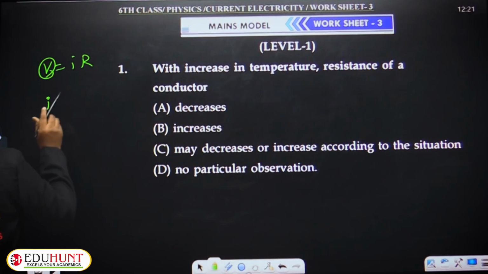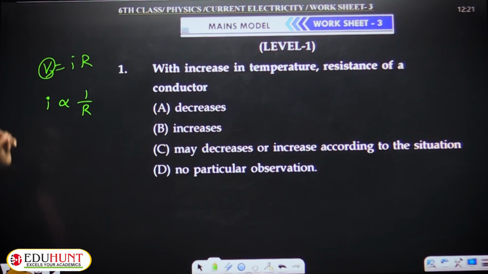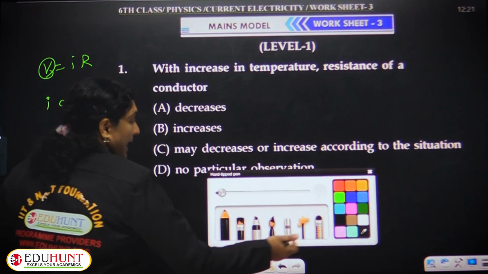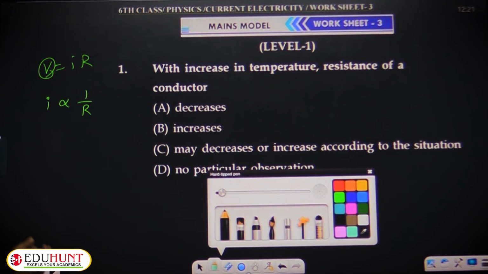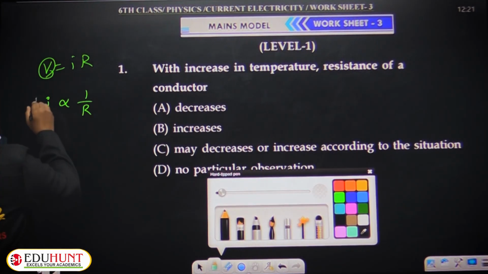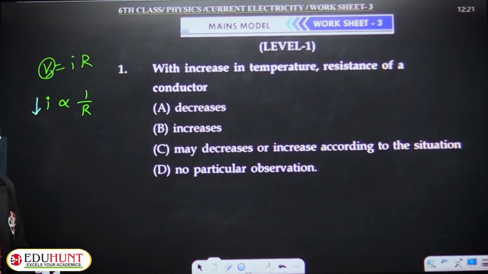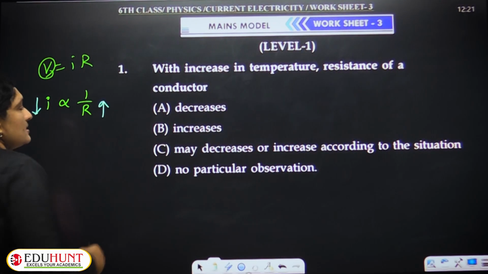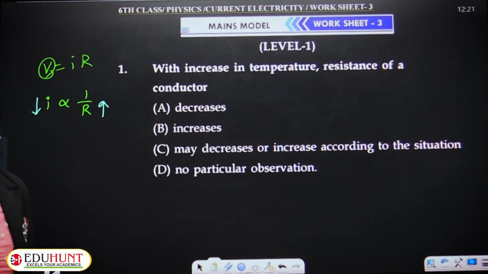For a constant potential difference applied across the ends, I is inversely proportional to R. As the flow of electrons decreases in the conductor, the current across the conductor also reduces. This results in an increase in the resistance offered. Hence, as the current is decreasing, the resistance increases.